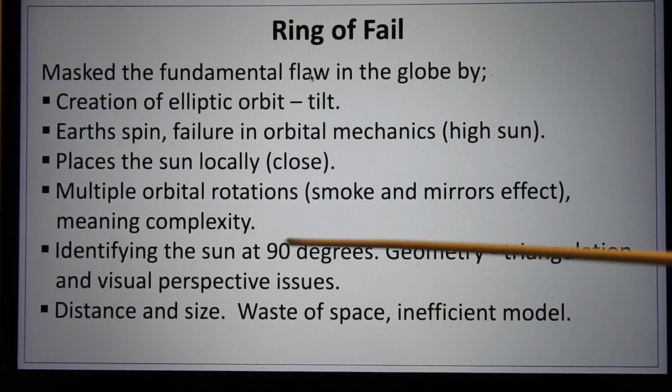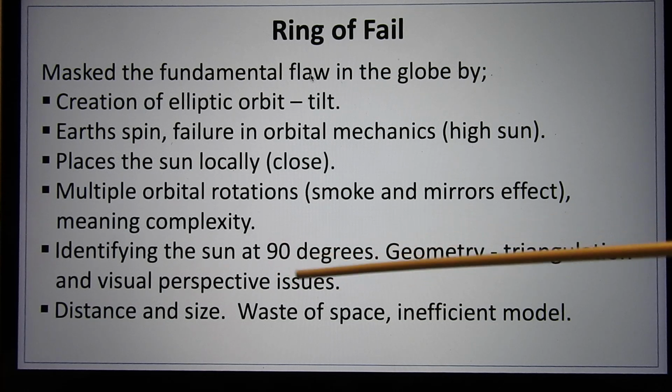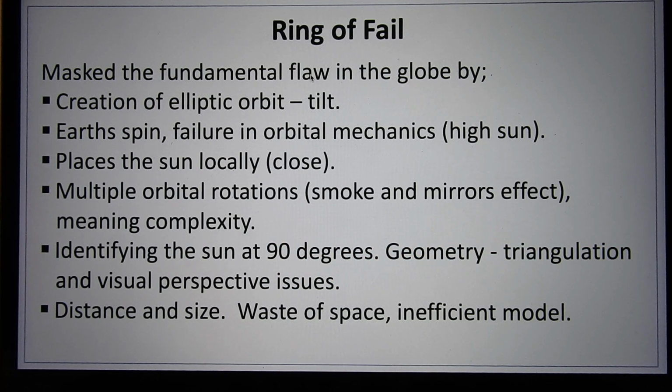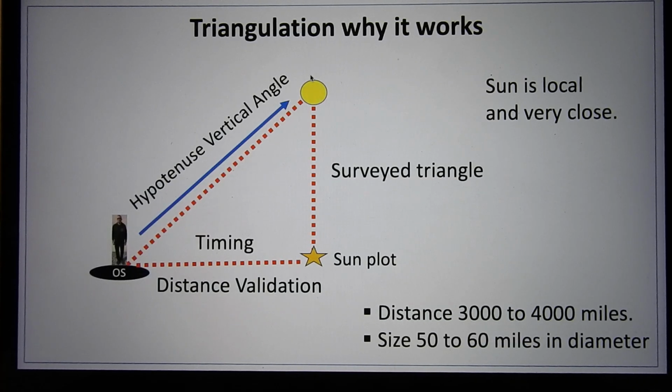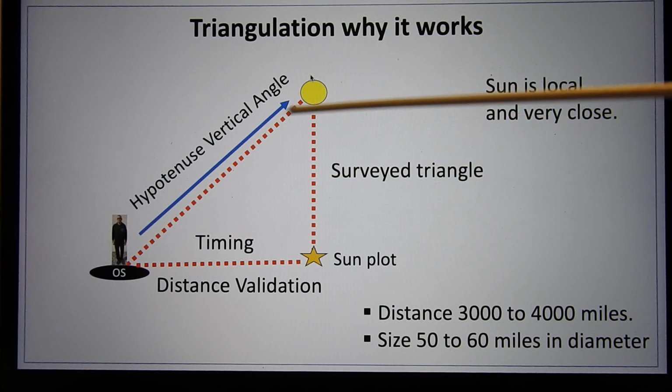Again, the major problem, identifying the Sun at 90 degrees, geometry and triangulation. Right triangles give correct visual perspective. In other words, the Sun is very close and very local. Distance and size. The heliocentric globe model is really a waste of space and a very inefficient model. Triangulation, again, very simple. Why it works: hypotenuse, measuring that angle to the Sun from the Earth's surface.